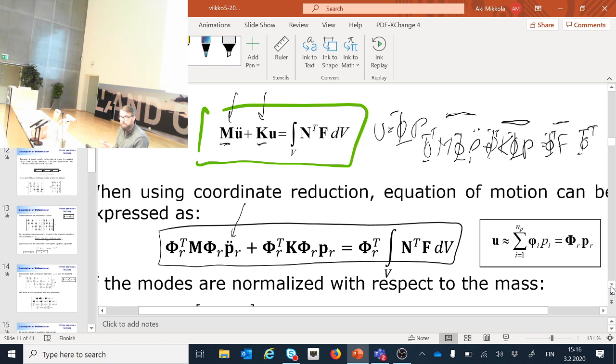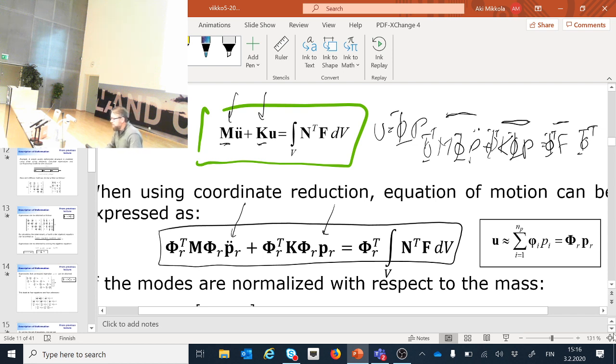They are block diagonal, but not diagonal, meaning that you cannot solve one degree of freedom without knowing anything about the other degrees of freedom. It's a coupled problem, at least loosely coupled. Here, they are not coupled at all. So you can take any modal coordinate you want and solve it without knowing anything about the others. And that's a beautiful thing.